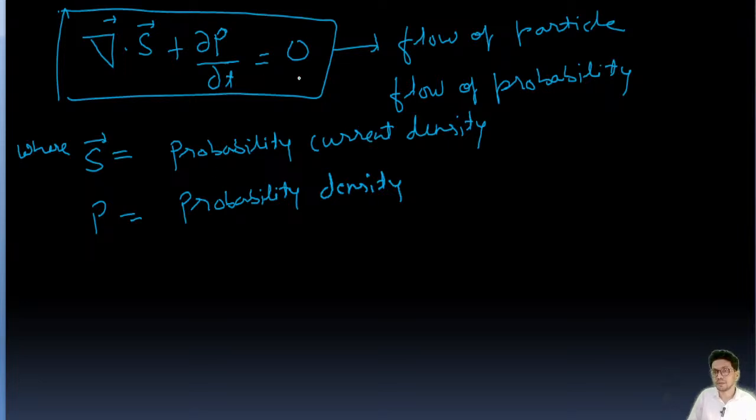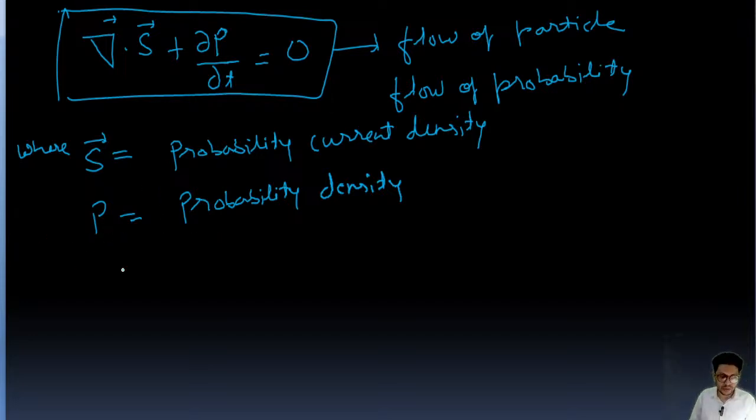This equation is for flow of probability, where S is the probability current density, which is very important, and which we are going to use in step potential.